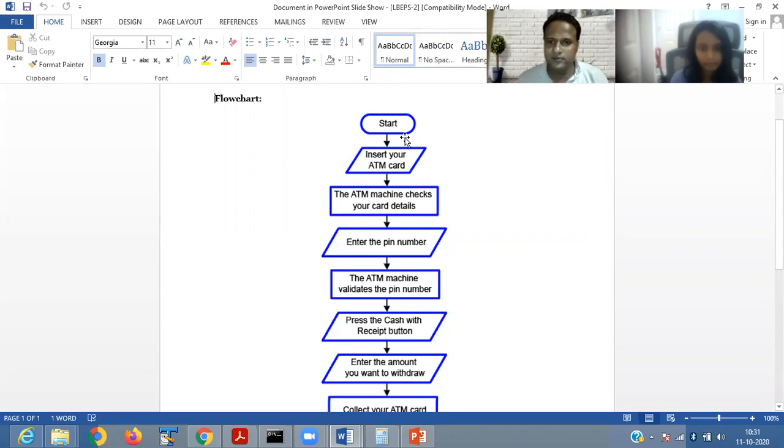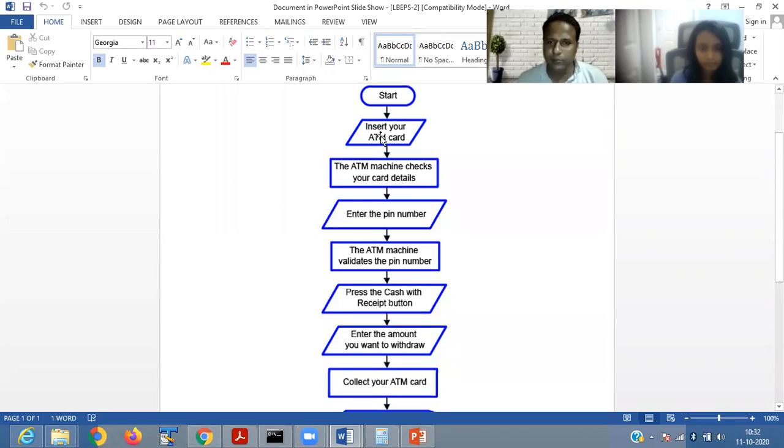It is an input box: insert your ATM card. It is an input box which takes the input from the user. Then it shows the ATM machine checking your card details. That is used for checking the card details. Then it shows enter your PIN number.